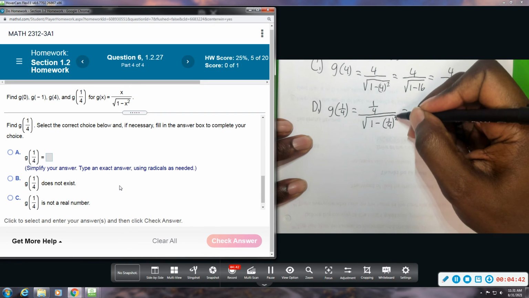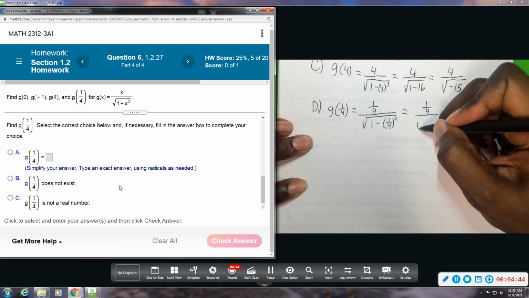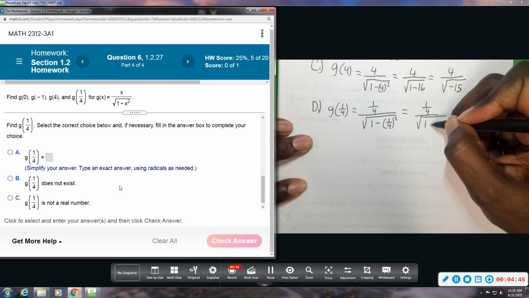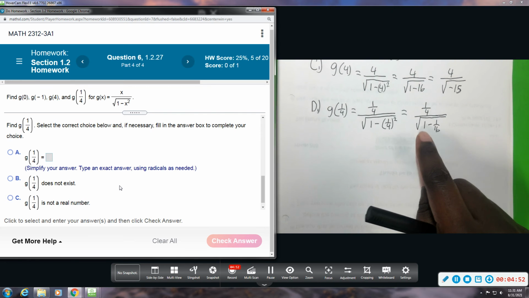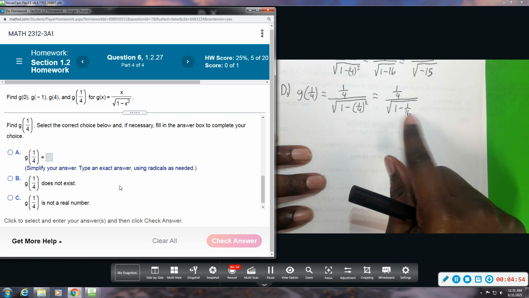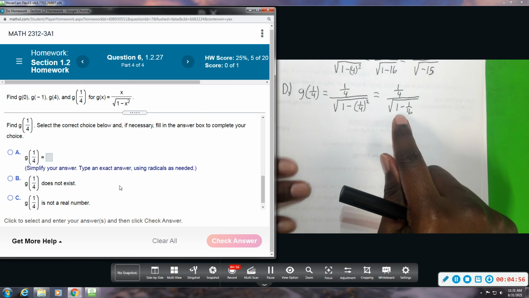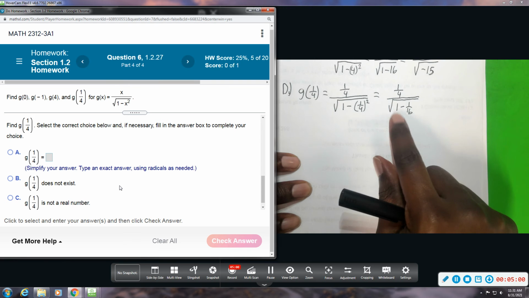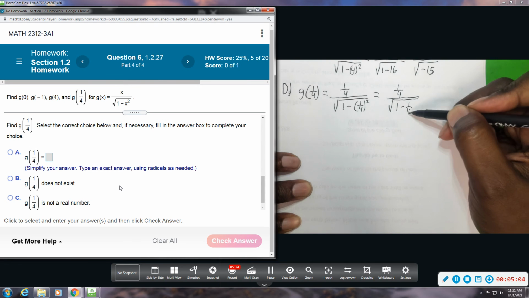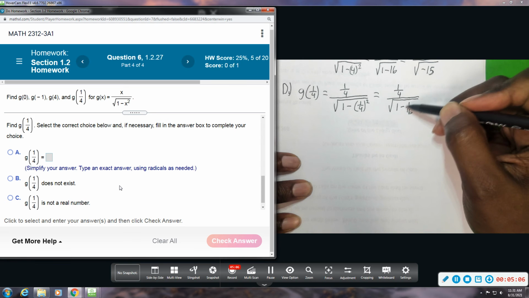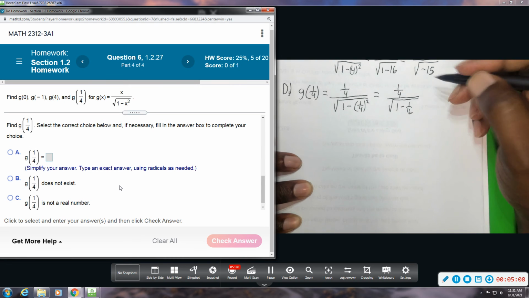When you square a fraction, you square top and bottom, so we have the square root of 1 minus 1/16. Working in the bottom, in order to combine like terms, we have to have a common denominator. So instead of writing this as 1, I'm going to write it as 16 divided by 16, because that is equal to 1, and it will also allow me to simplify this minus 1 over 16.